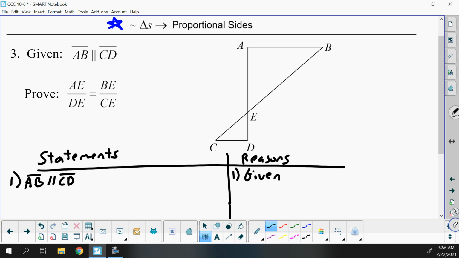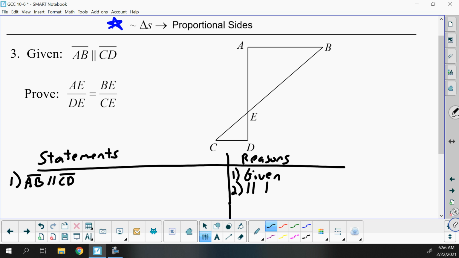So this particular picture only has two triangles. So it's kind of obvious which two we want to get similar. We'll see some that become a little bit trickier when there's more than just two triangles in the picture, and we'll see those coming up. But for right now, we know it's that top triangle and the bottom triangle we're trying to get similar. Well, this is pretty similar to the problem we did 2 questions ago.